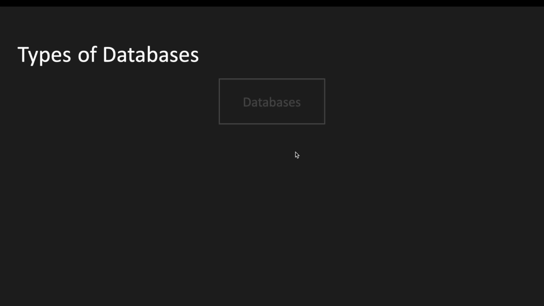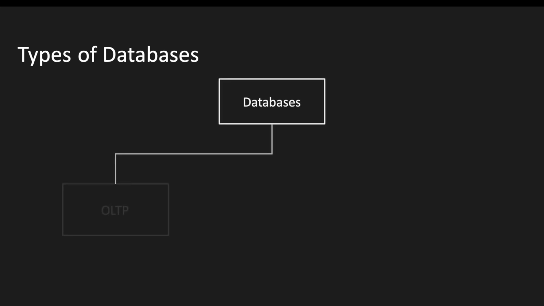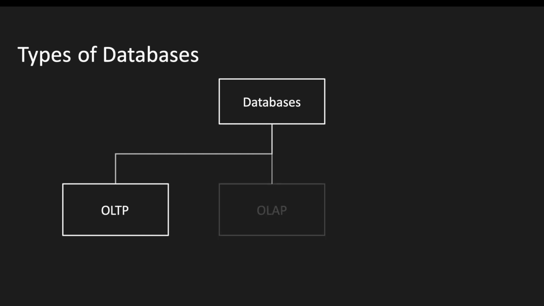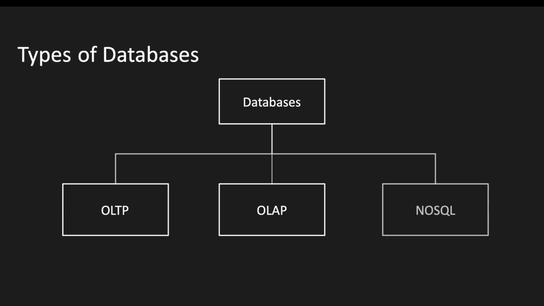Now we will see what types of databases are available. So basically there are three types of databases available. One is OLTP, second one is OLAP, and third one is NoSQL database. OLTP is an online transaction processing database. These databases are capable of handling a huge number of transactions by a large number of people, typically over the internet.